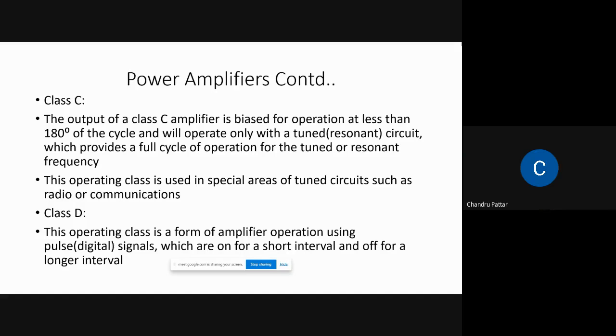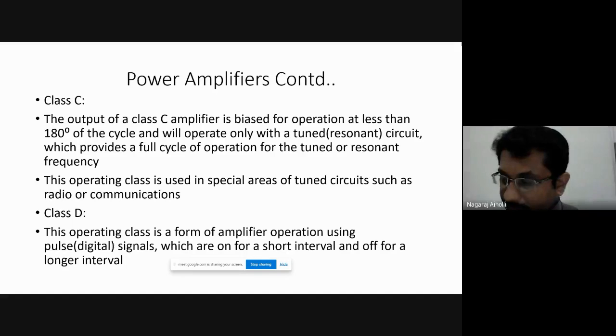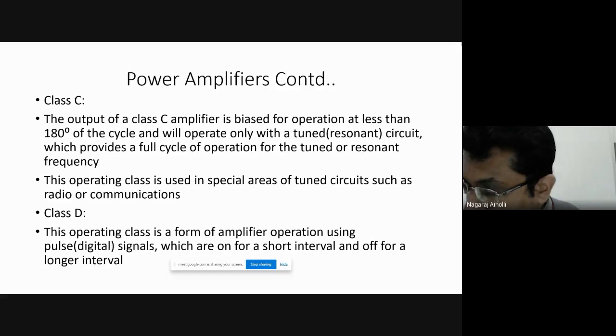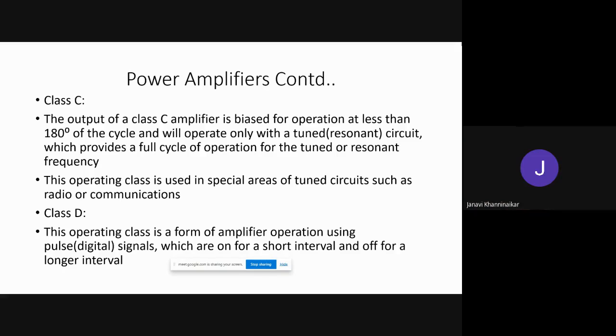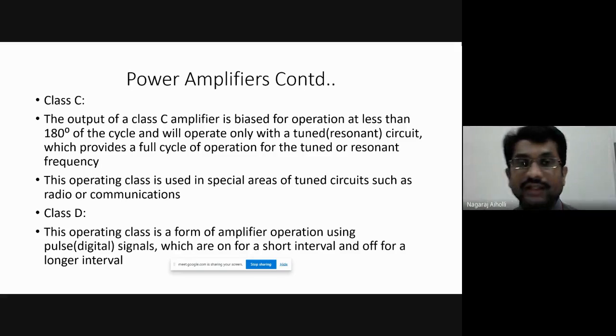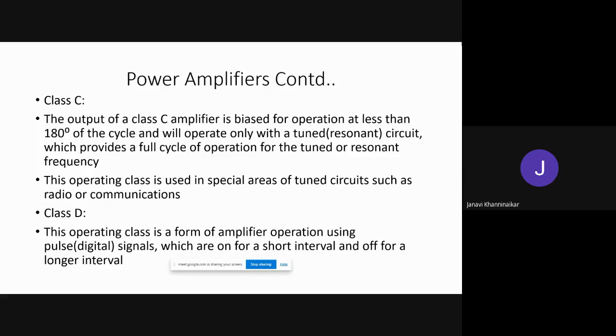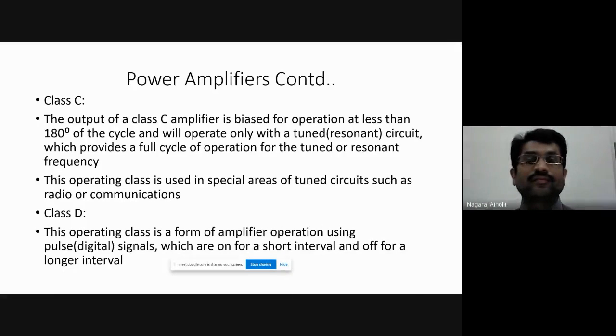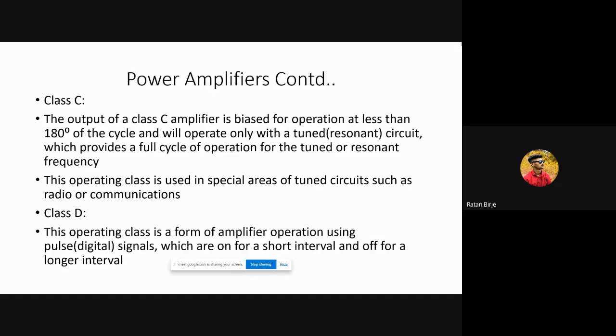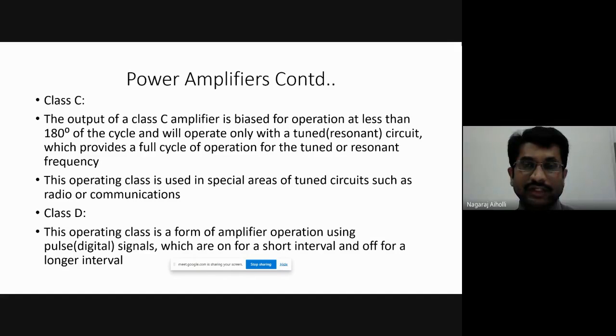Chandrasekhar, sir, all clear, sir. Okay, fine. Janvi, yes, sir. Is it clear, Janvi, this power amplifiers topic? Yes, sir, understood. Okay, fine. Ratan, did you understand the definition and classification of power amplifiers?